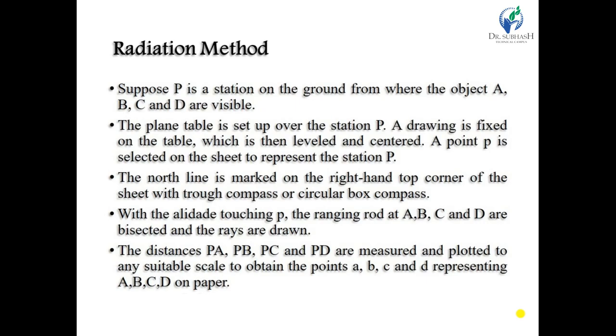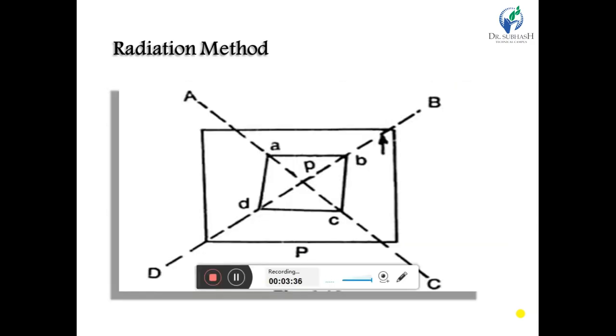Now we see our next case, for a different location and a pictorial representation from different points of view. In the radiation method, there are four points A, B, C and D, and we have to locate those points and plot the boundary, joining them to create the region of one such area.